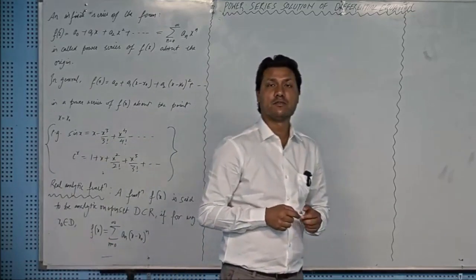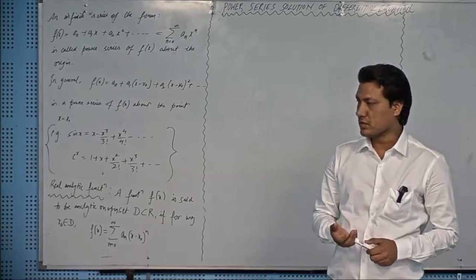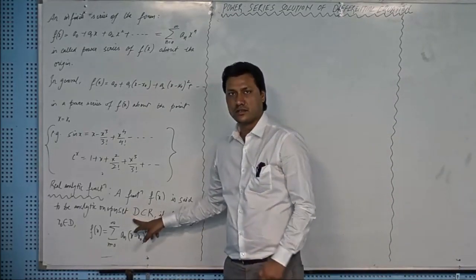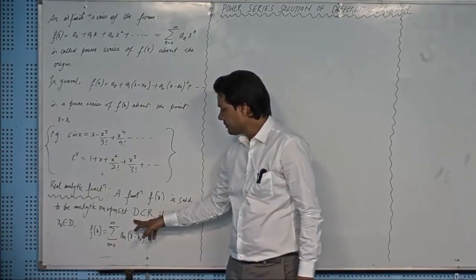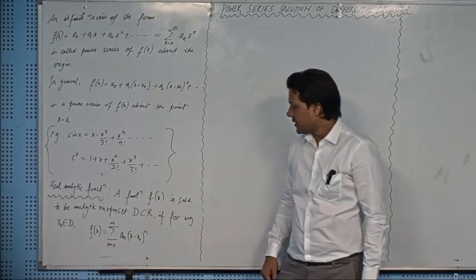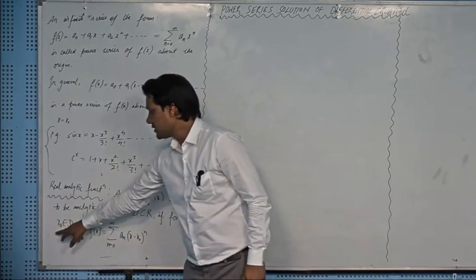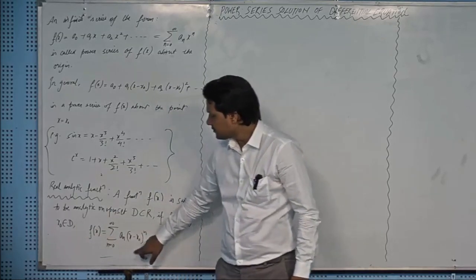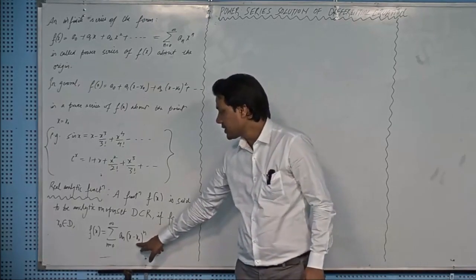If you are talking about a real function, definitely the domain of the function should be a real interval, right? So this D should be considered as an open interval, right? You can consider the interval from 0 to 1, open set, right? And this is a subset of real line R, right? And you have any point belonging to that interval, right?